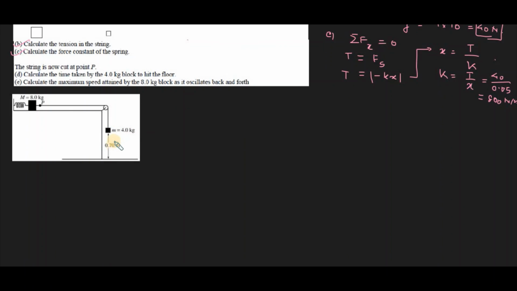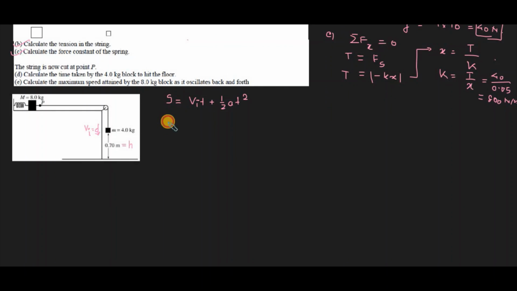In the fourth part, D, calculate the time taken by the 4 kg block to hit the floor. It is at a height of 0.7 meter above the ground. So here initially we can consider its initial velocity in the vertical direction to be 0, and the height traveled is 0.7 meter. So we can apply the kinematics equation, S equal to initial velocity into time t plus half into acceleration into t square.